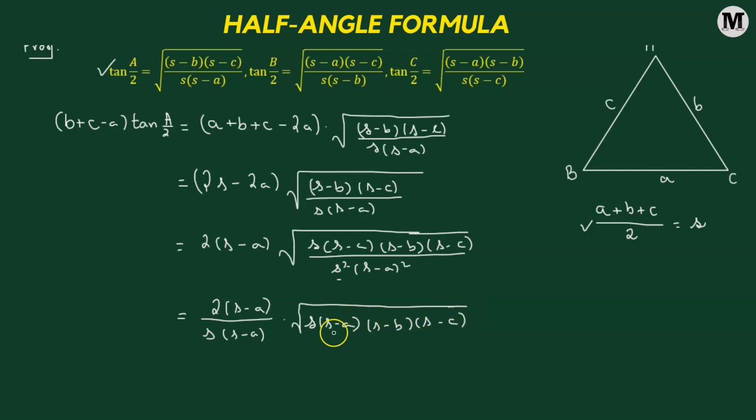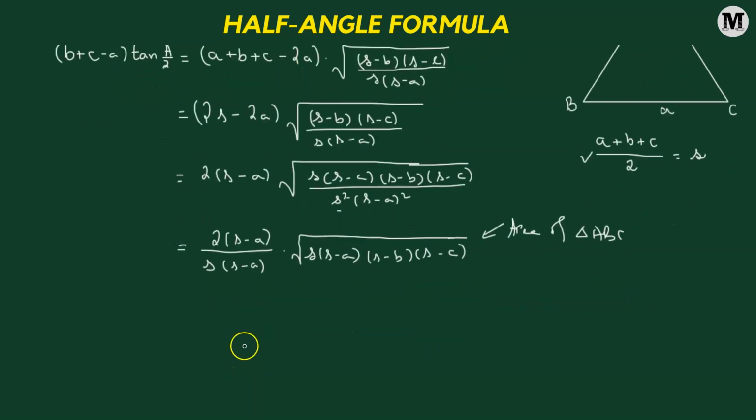Now, this expression, the square root of s times (s minus a), (s minus b) times (s minus c), is the area of the triangle ABC, which is also sometimes referred to as Heron's formula.